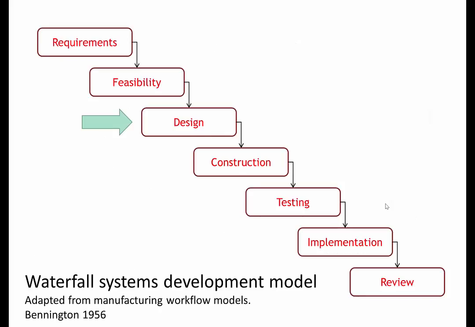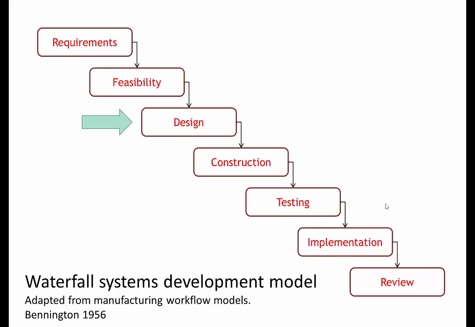So this is your classic, what's called the waterfall systems development model. When we started building computer systems, people decided that they needed formal systems and approaches for developing them.